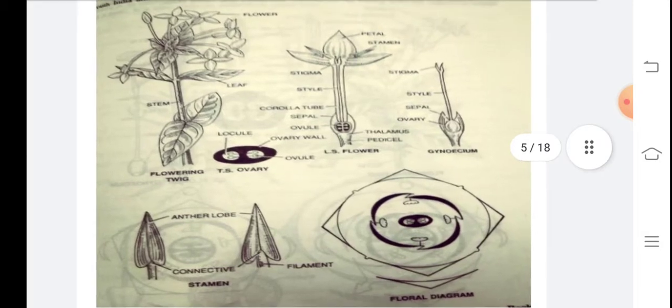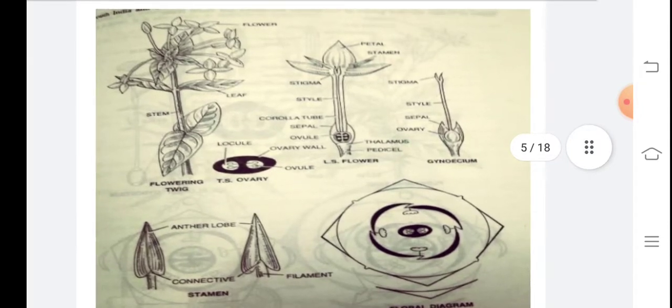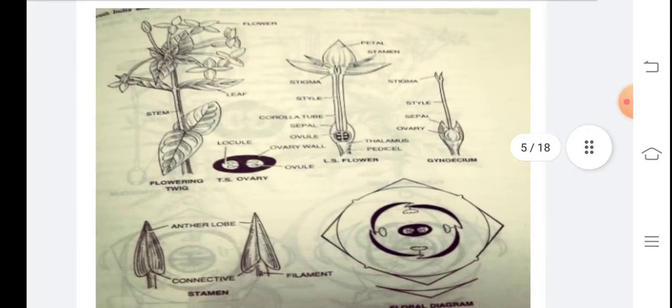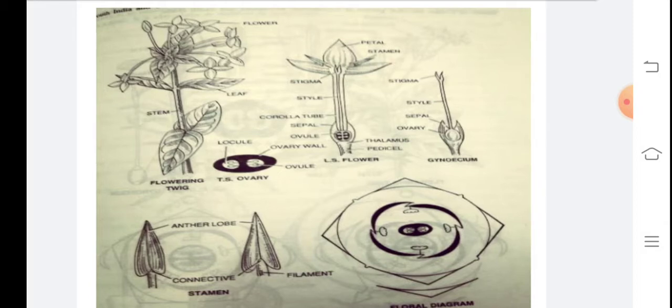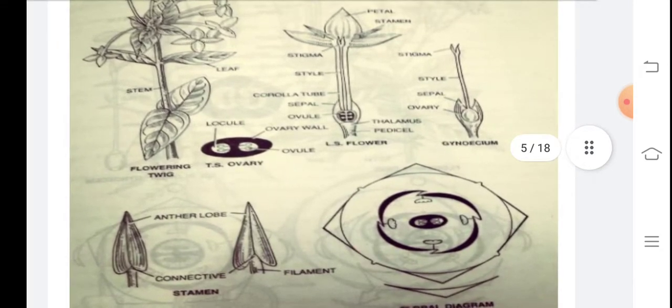So the inflorescence is observed as a cymose. Then flowers are at the top. You see the yellowness of the flower, so it shows the epigynous condition. There is a corolla tube formation, and it shows there is a stigma. It is bifid, right?